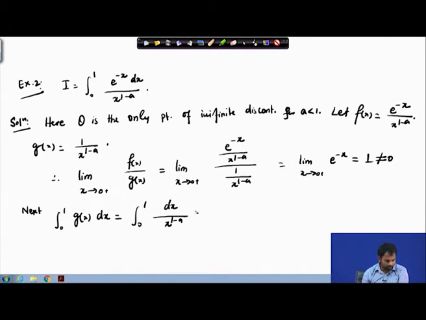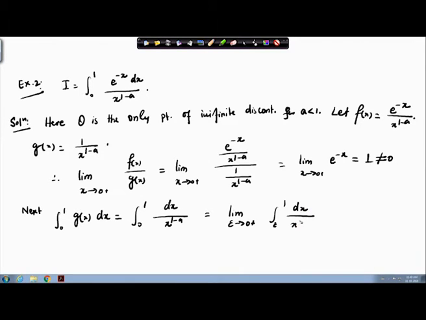So, this integral, it can be seen since a is less than 1, then in that case we have limit epsilon goes to 0 positive, epsilon to 1 dx by x to the power 1 minus a.